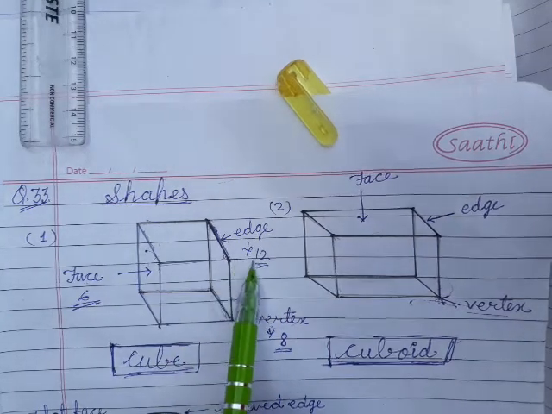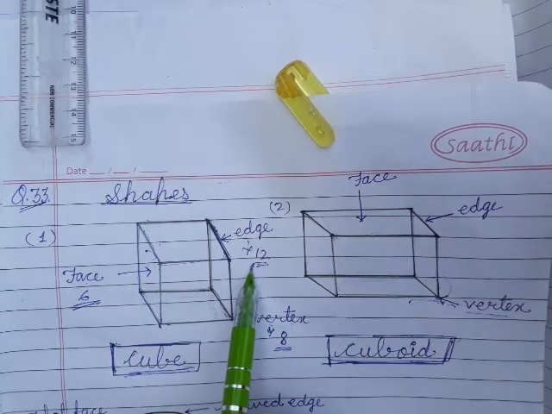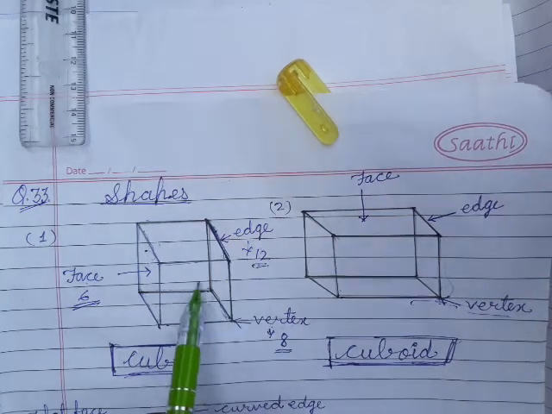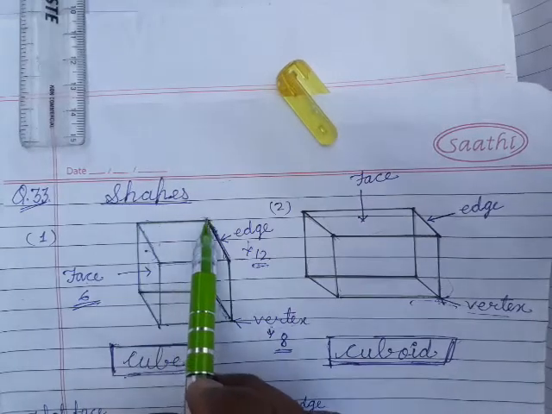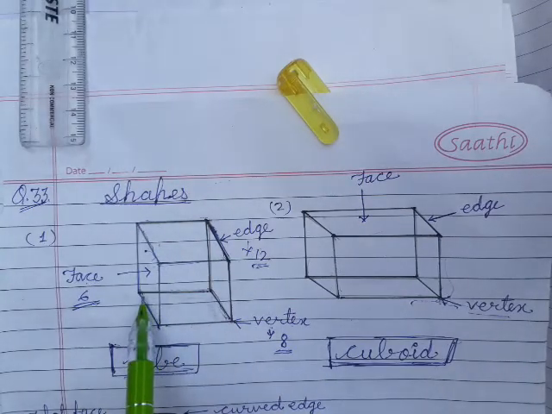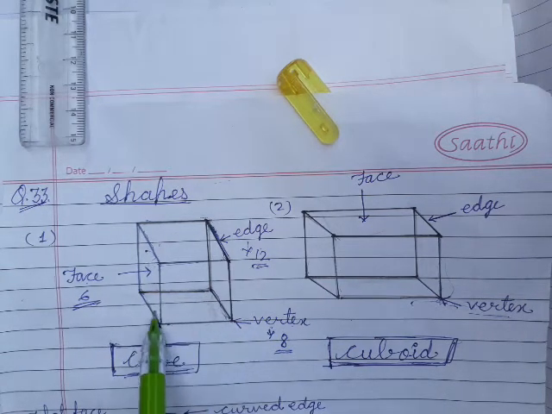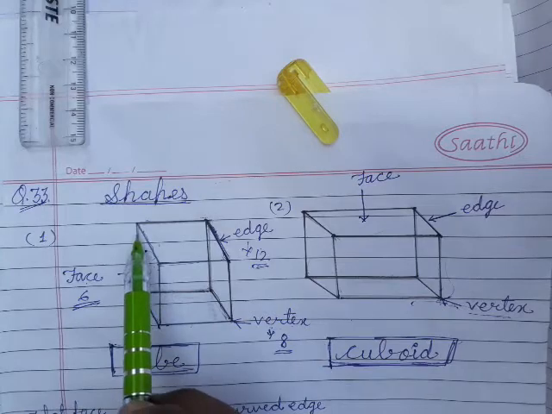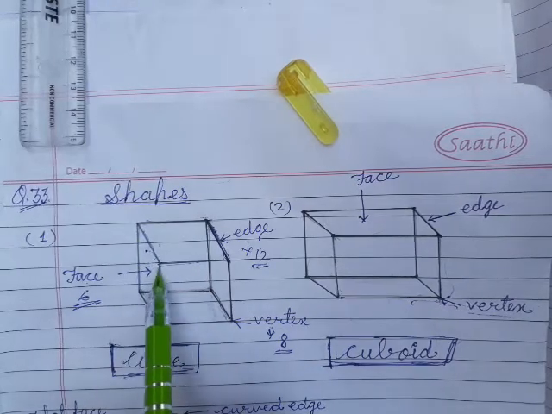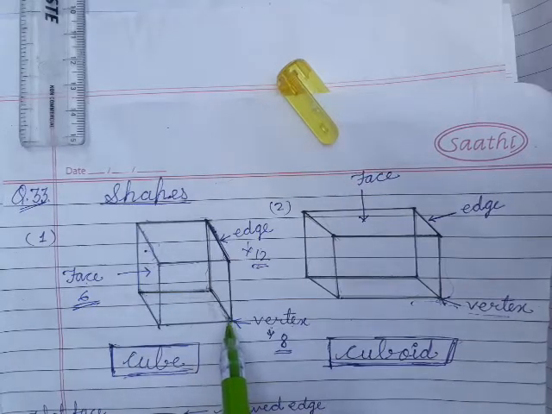So we discuss the edges, and the cube has 12 edges. 1, 2, 3, 4. On the bottom side 5, 6, 7, 8, 9, 10, 11 and 12. It's called edges.